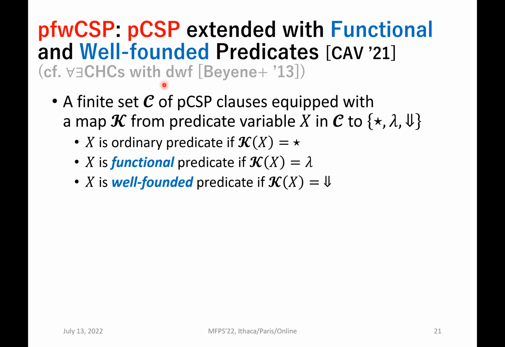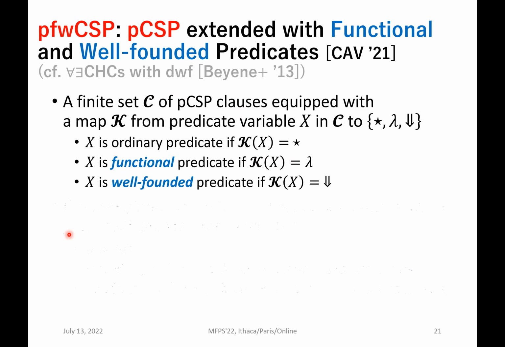So a clause of PFWCSP is a finite set of arbitrary clauses equipped with a kinding map from predicate variables to one of them. We now have ordinary predicates, functional predicates, and well-founded predicates.